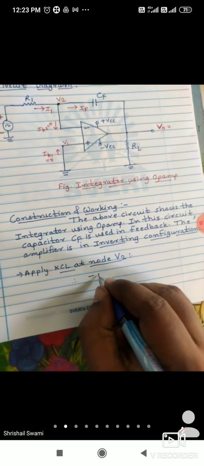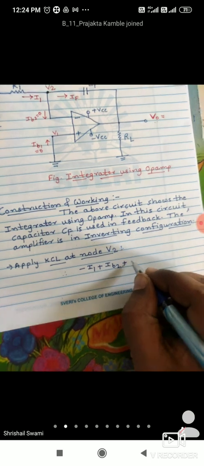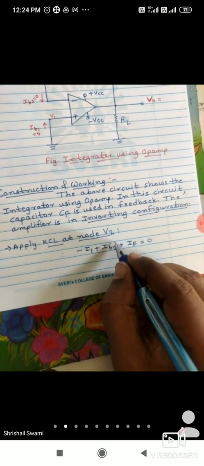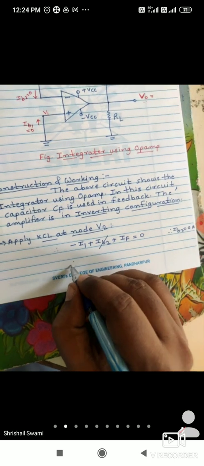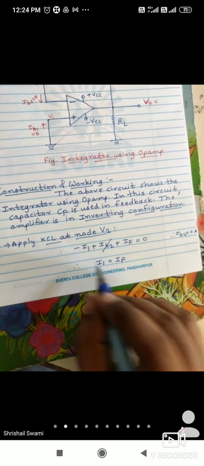If we apply the KCL at this point, what we can get? That is minus I1 plus IB2 plus IF is equal to 0. Now IB2 is 0, because it is the base current, input bias current we can say, that is 0 ampere. Therefore minus I1 plus IF is equal to 0.